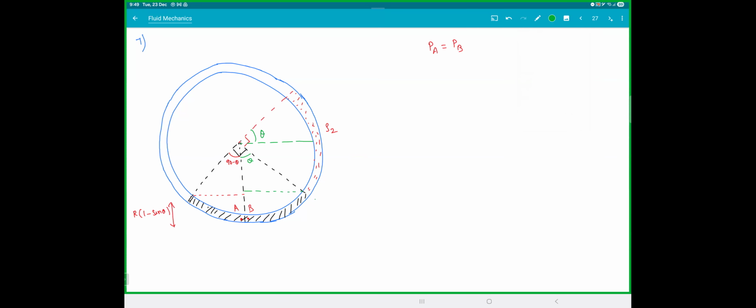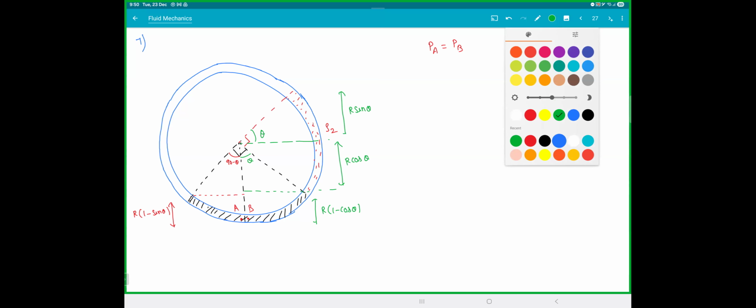If this is R cos theta, then this is R into 1 minus cos theta. And this height is R cos theta, and this height will be R sine theta. There, perfect. All you want is the heights.